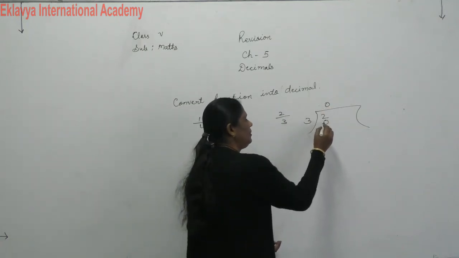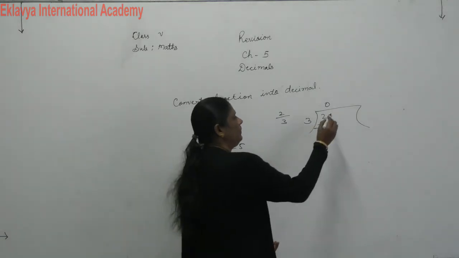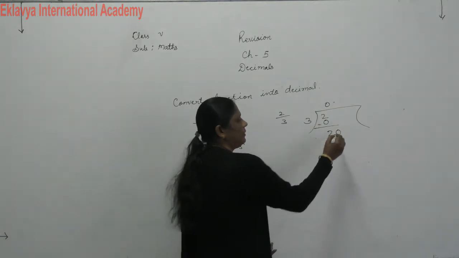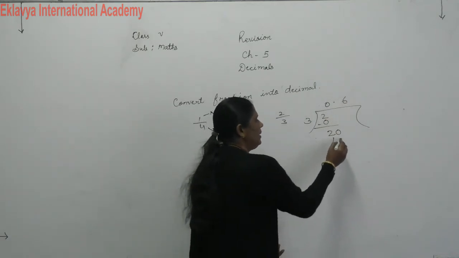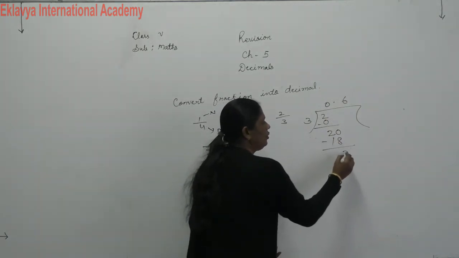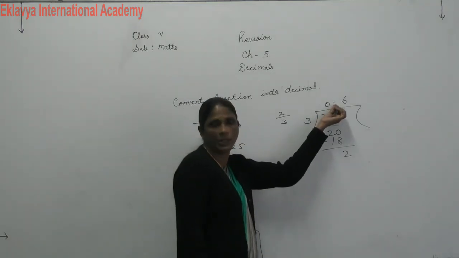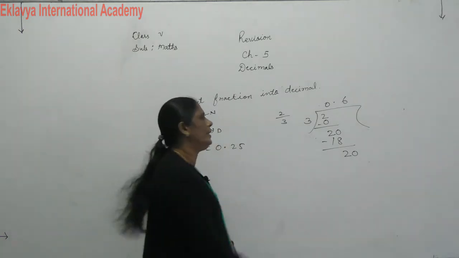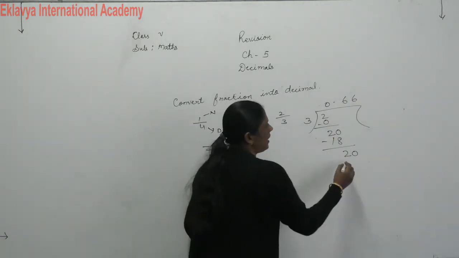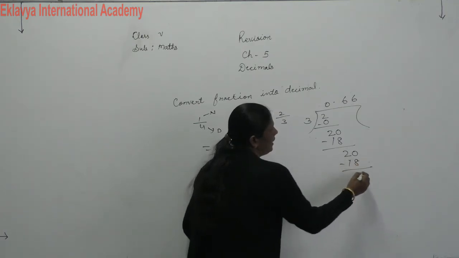Then 2 comes in remainder. Then put a point. Then give 0. Then how many times come? 6 times. 18. Then again 2 comes. We already gave the decimal here. Therefore we give 1 0. Then how many times? 6 times. Then 18. Then again 2.